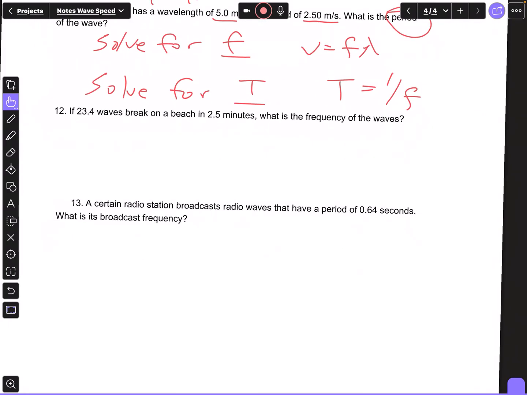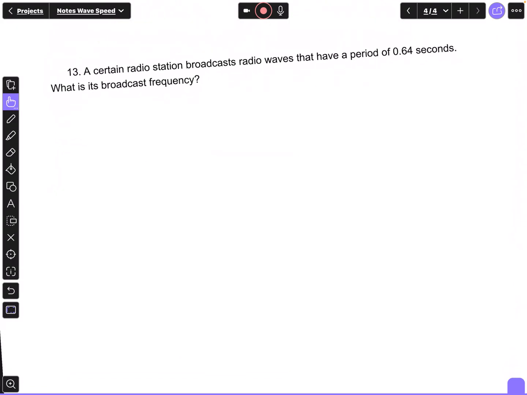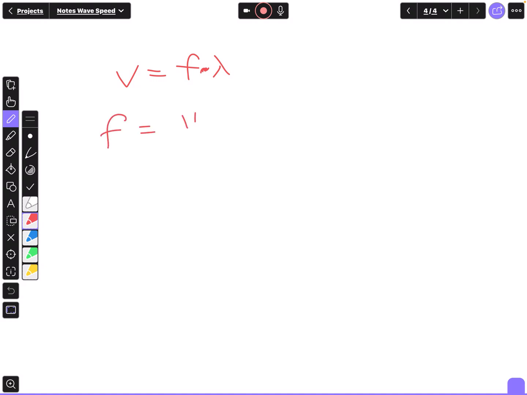So if we review what we talked about, we have a few equations. For wave speed, we have V equals frequency times wavelength. We also have frequency equals the number of waves over the time interval in seconds.